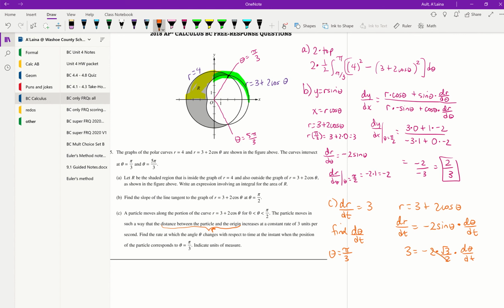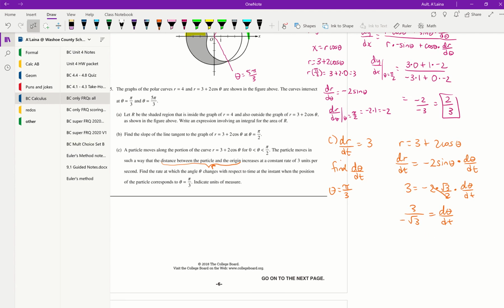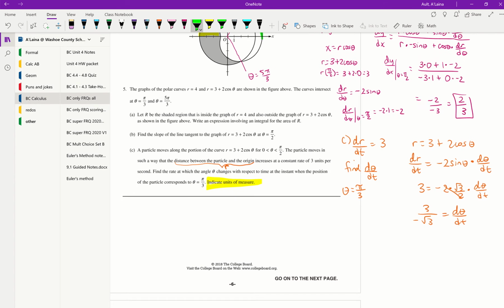These divide out. So I'll get 3 over -√3. You can choose to rationalize that or not. I am going to put in units here. I think this does rationalize out to -√3 if you wanted to. Indicate units of measure. Okay, they told us to indicate units of measure, so I want to make sure I do this. We're doing the rate of change of theta.